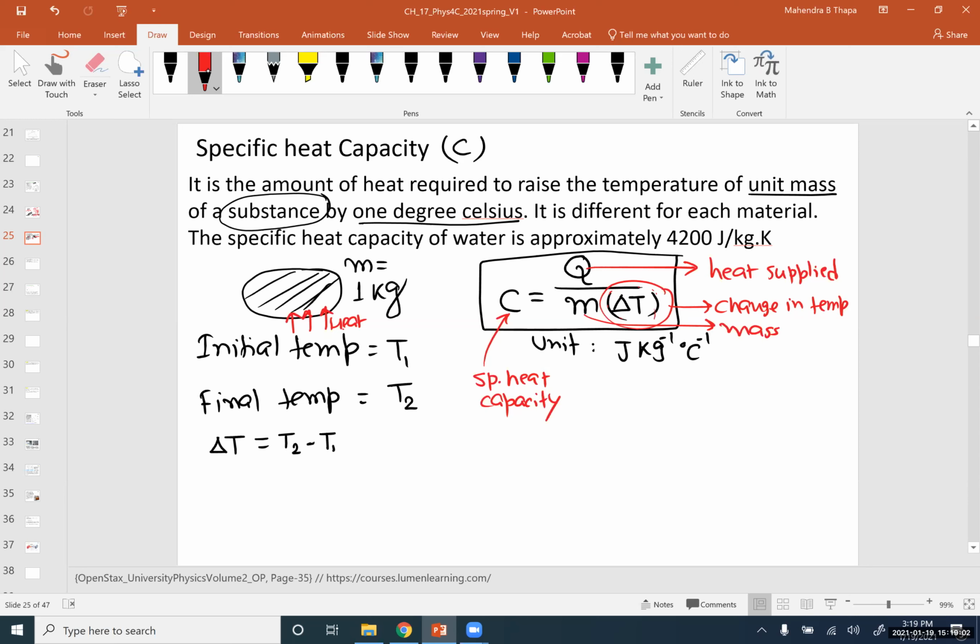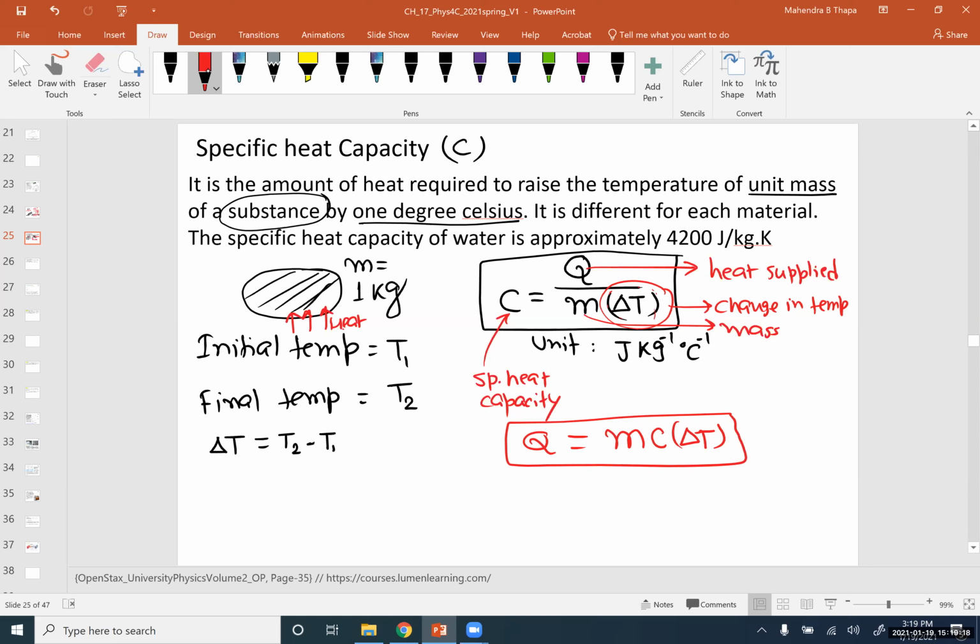So we can write this equation as Q equals m C delta T. This is the heat gained or heat lost formula.